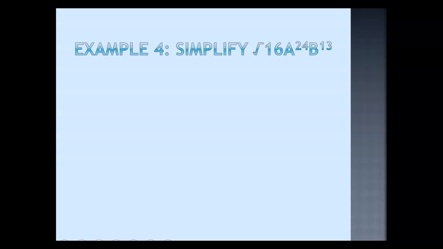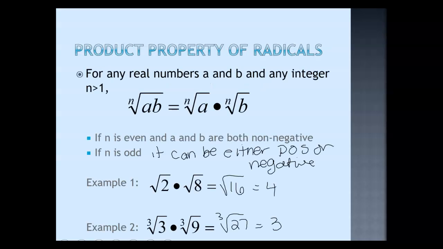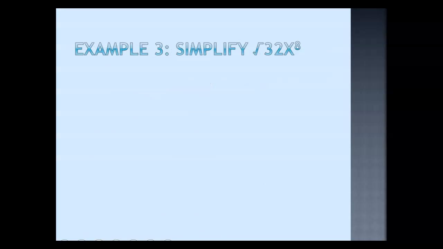All right, simplify the square root of 32 x to the 9th. 32 becomes 16 times 2, so you get 4 square root of 2, because the square root of 16 is 4.